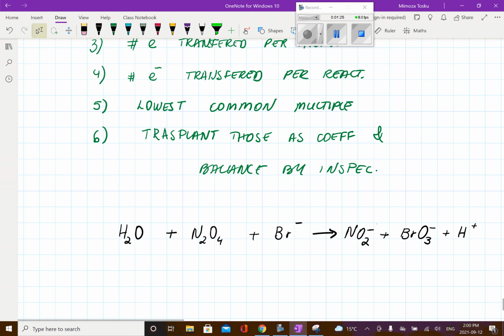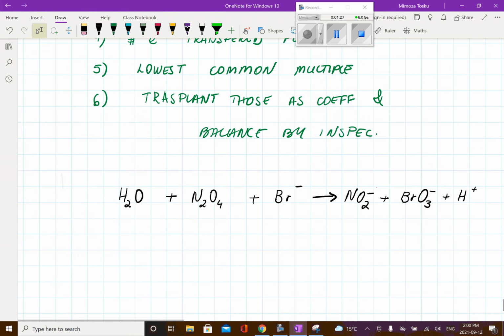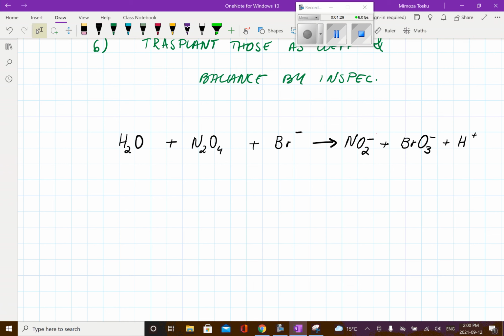So now let's take a look at this reaction that is here. And first we will identify the oxidation number for each of them. We know that oxygen is -2, and a compound or an element should be equal to 0, unless it is an ion, in which case the total oxidation number has to be equal to the charge of the ion. So in this case, the hydrogen will be +1.